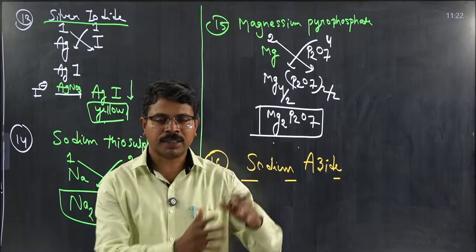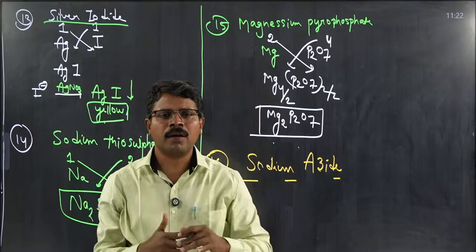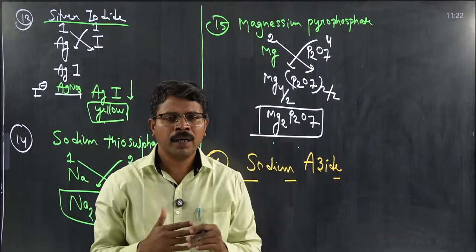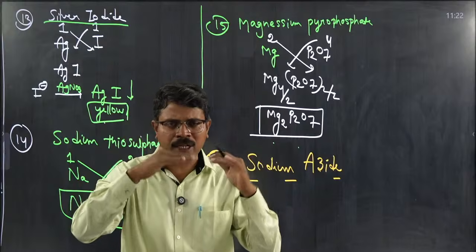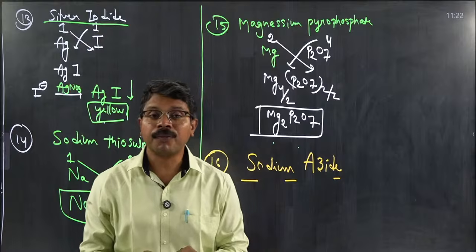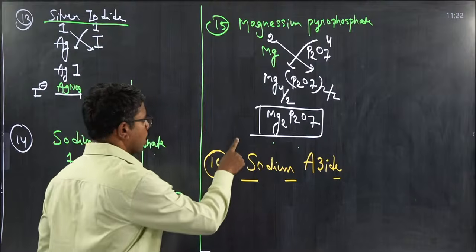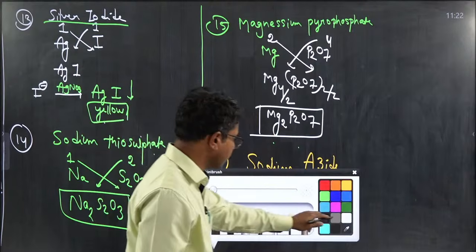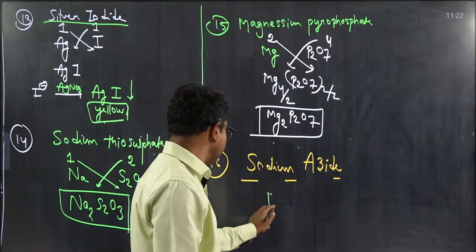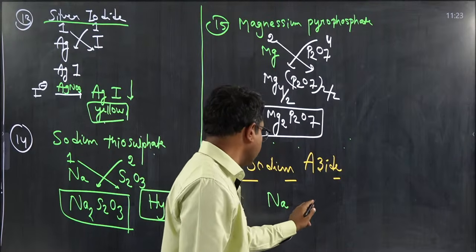We write first cation followed by anion. Then we write the valencies or the oxidation numbers or the charges above the symbol, and thereby we do crisscross. After doing crisscross, if you have any common factor, we need to divide with the common factor such that the formula of the compound is Mg2P2O7. Very good.